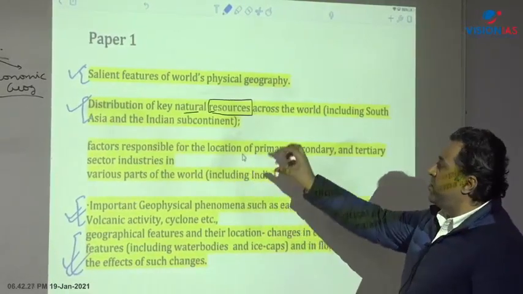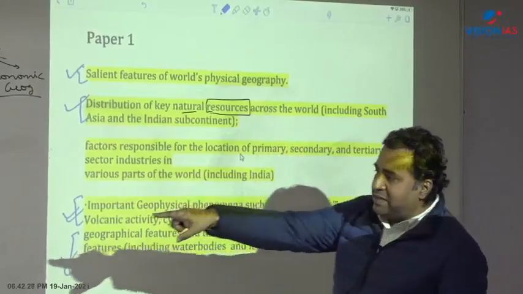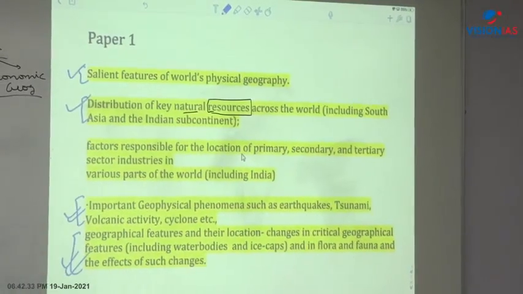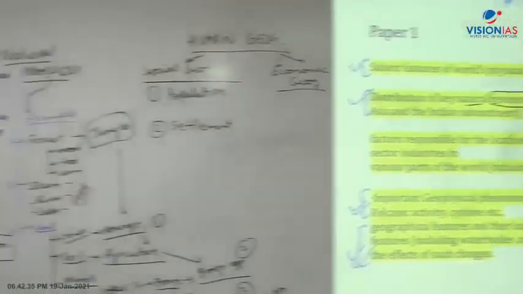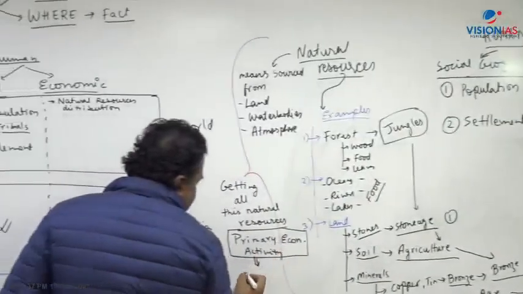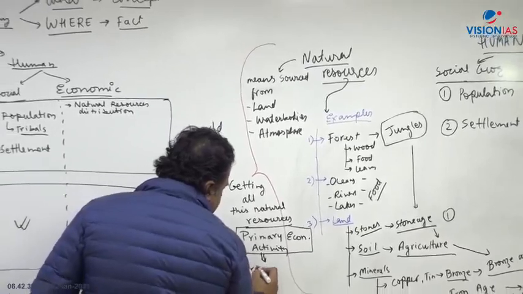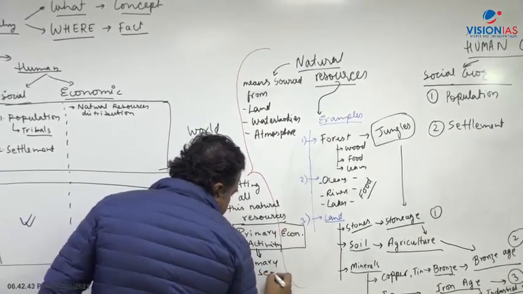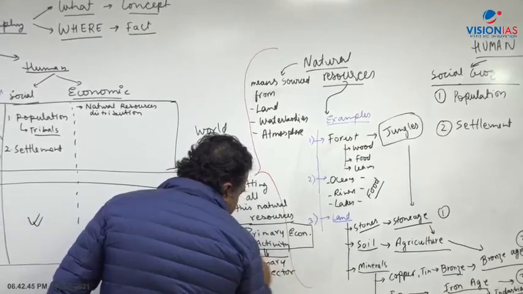Factors responsible for primary sector. So what is primary sector? Primary sector is nothing but collecting the resources. Where are we collecting the resources? This is primary economic activity, also called primary sector.